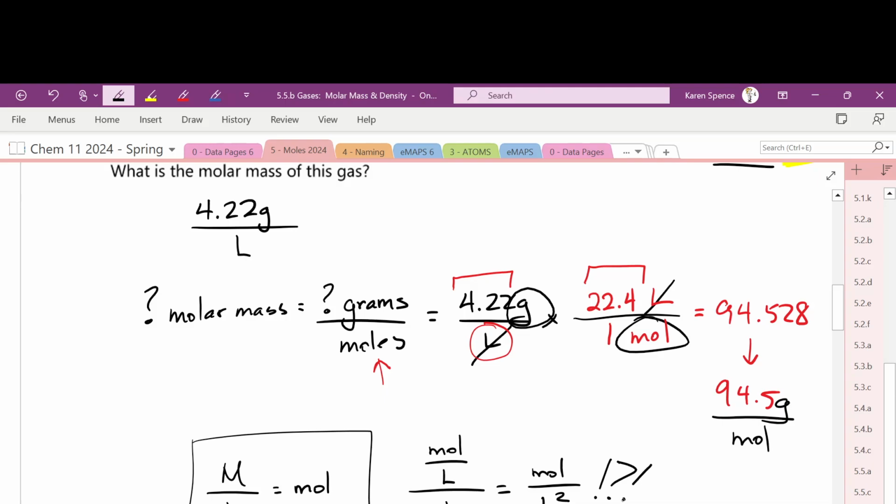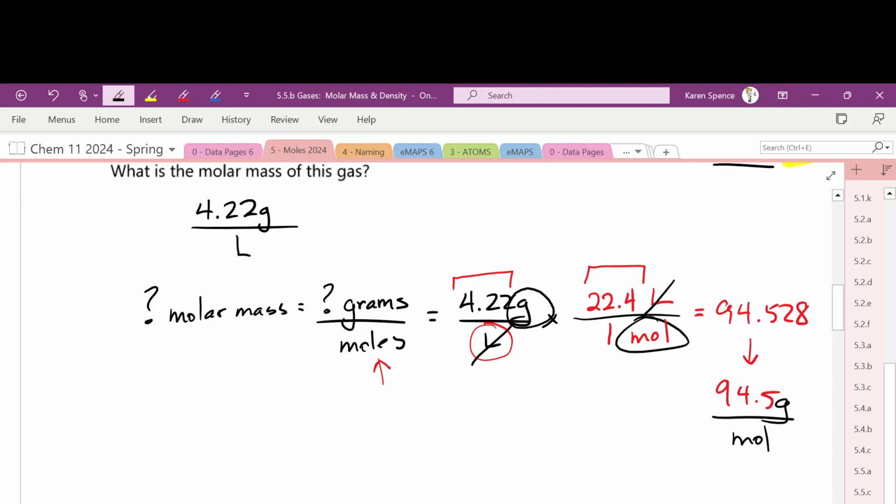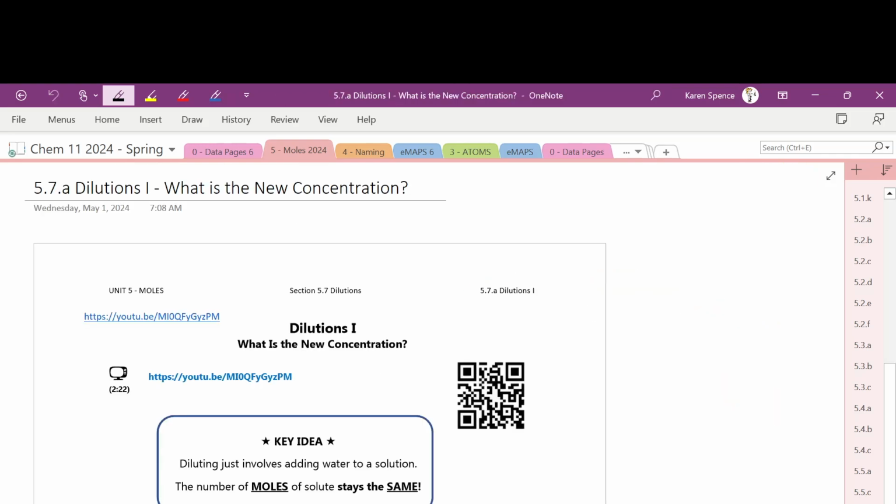That is nothing. When I tell you to check your units, it's because I not only want you to do well in Chemistry 11, but if you're signed up for Chemistry 12, I also want you to do well in Chemistry 12. So check your units at the end and make sure they actually give you what you wanted. Okay? All right, so I think that's all we need for now.